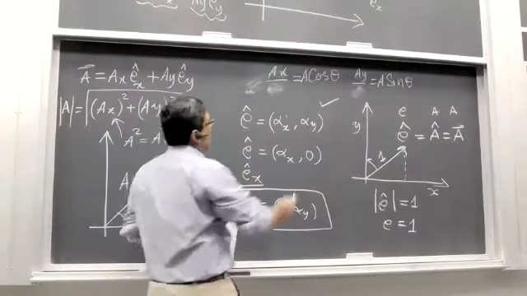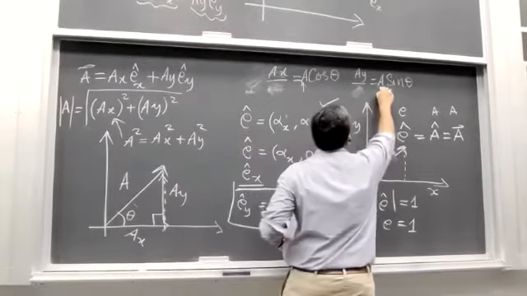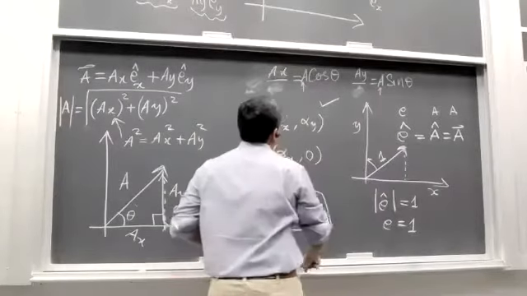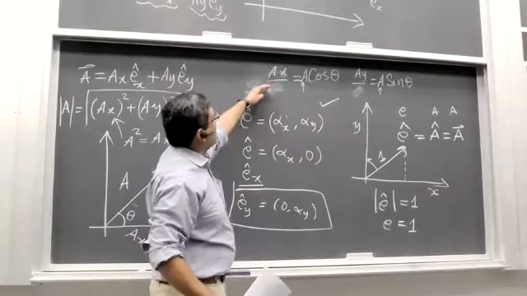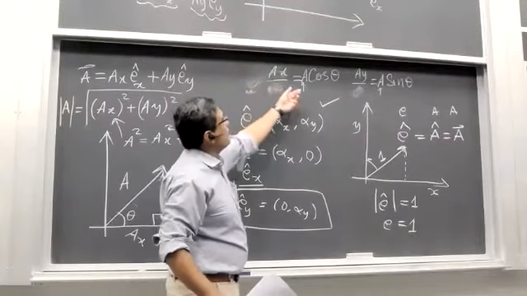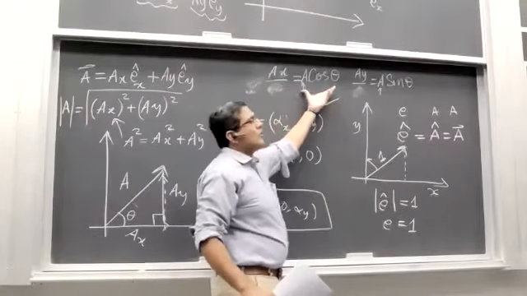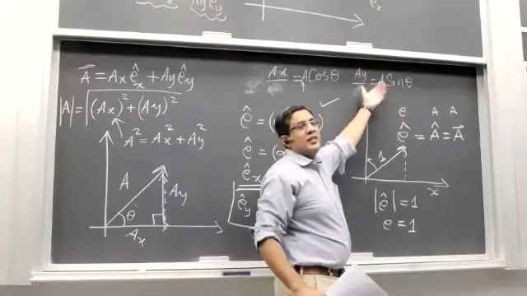And if you know the magnitude of the vector and its direction specified by theta, you can calculate ax. You can calculate the individual components. They are related to the vector and its direction through this relationship, ax and ay.